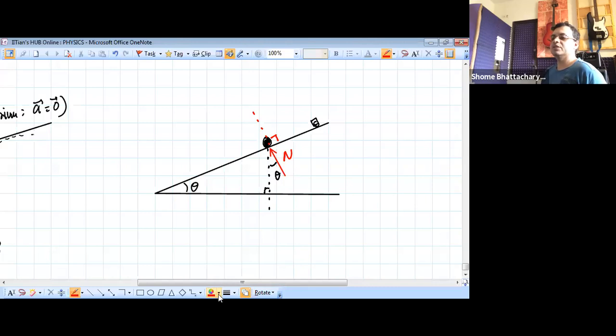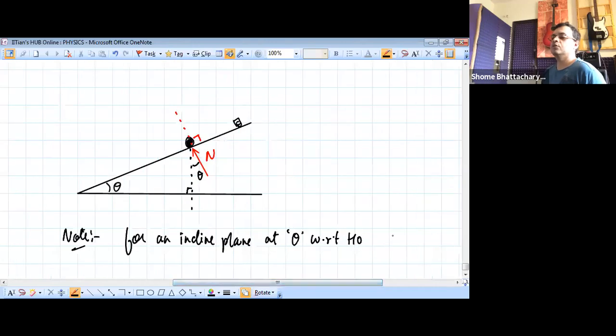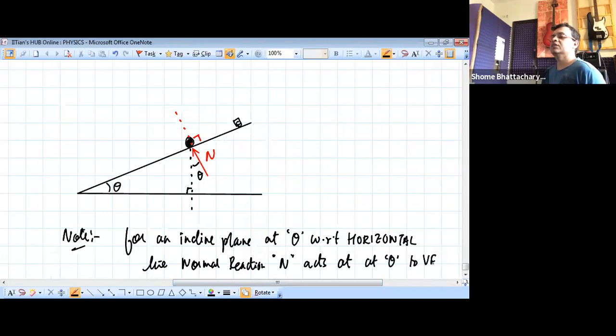It's very easy to remember it in this way: for an inclined plane at theta with respect to the horizontal line or horizontal plane, the normal reaction N acts along a line which is at theta to the vertical.